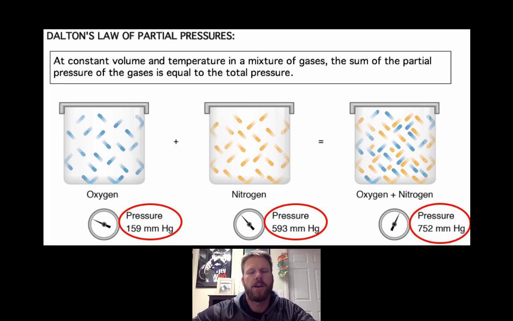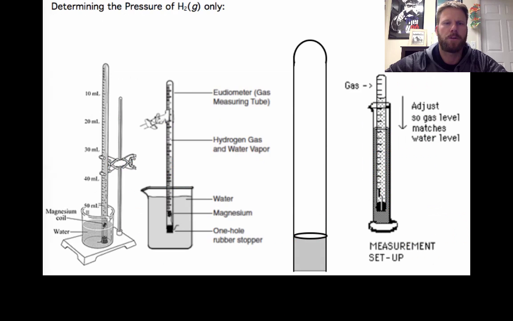So in this case, you would take 159 millimeters of mercury plus 593 millimeters of mercury to get 752 millimeters of mercury. So how does that apply to what is happening in our tube?